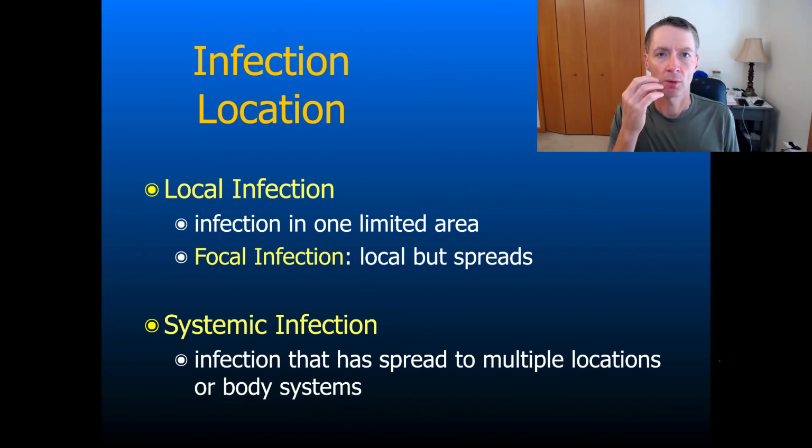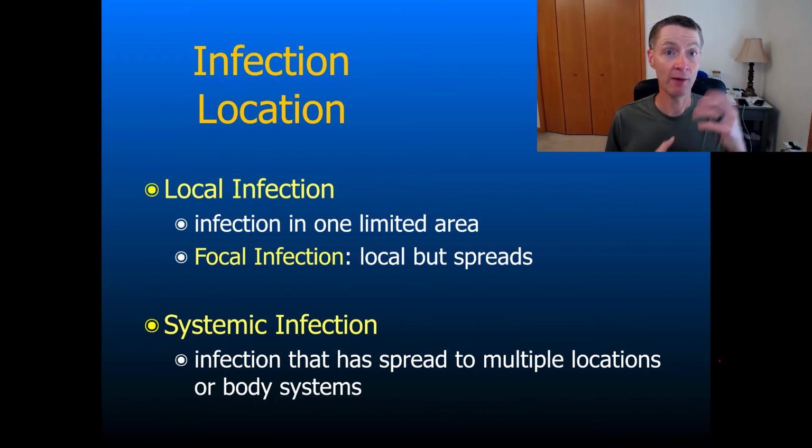So if maybe the dental instruments or something like that are not clean, you could get an infection from that, and that would be a local infection perhaps. But if that bacterium, let's say, gains access to the bloodstream and it travels throughout the system and causes infection in other places, we would say that was a focal infection.